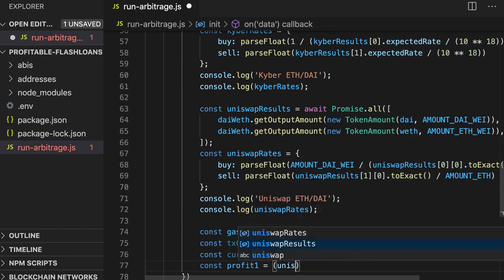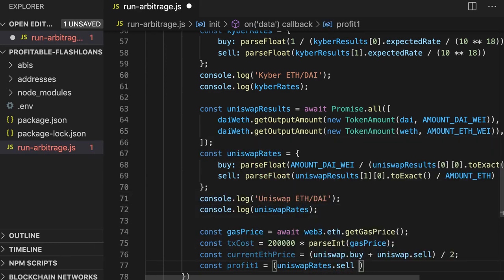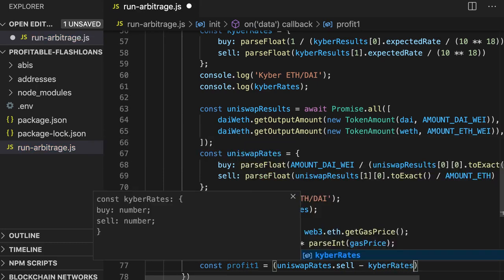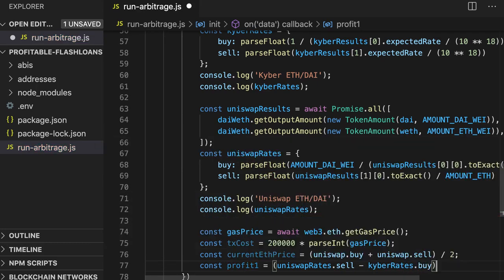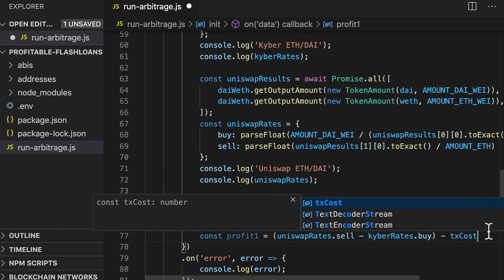So that's Uniswap rates.sell minus Kyber rates.buy minus transaction cost. So here we have a couple of problems.